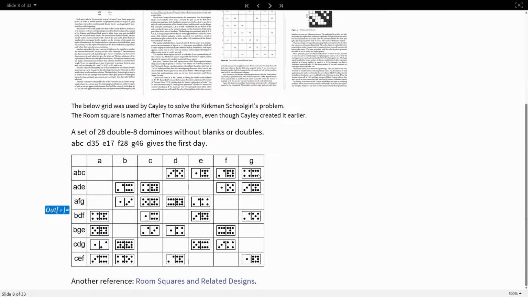That's the first day for the problem, and then the next day is A to E, B26, C48, F15, G37, and so on. And that gives a solution to the problem for all 7 days, where every one of the schoolgirls is next to one of the others at least once, and only once, over all 7 days.